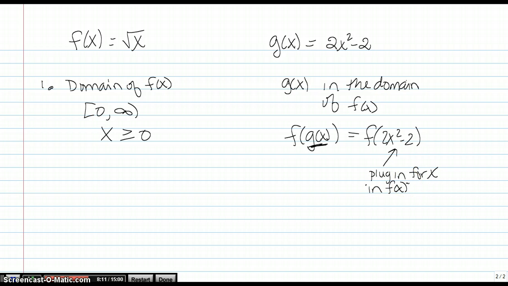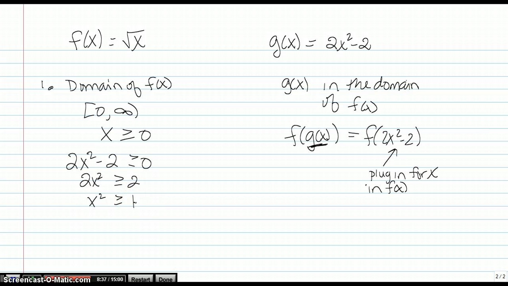Instead of plugging it into the actual function, since we're just talking about the domain, we're going to plug this into the domain. And so that's going to look like 2x squared minus 2 is greater than or equal to 0. If I solve this, we've got 2x squared is greater than or equal to 2. Or in other words, x squared needs to be greater than or equal to 1.